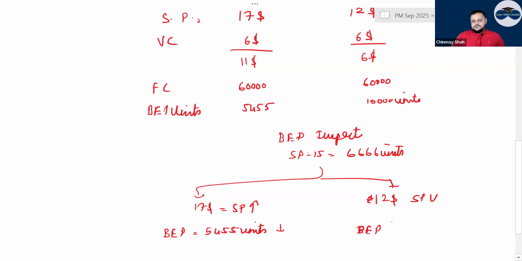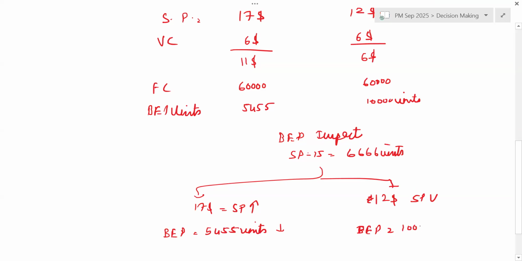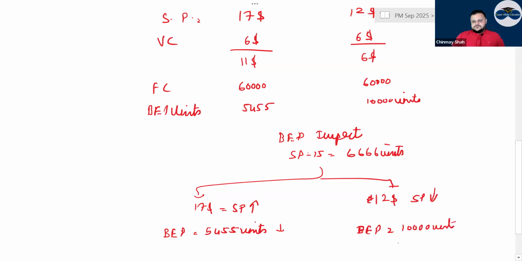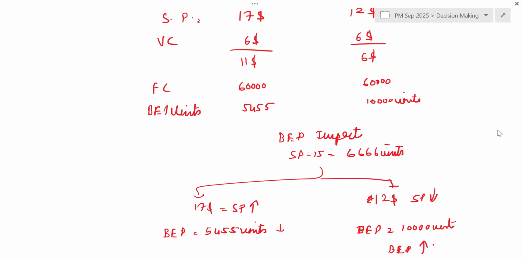It increases. Selling price goes down, BEP goes up. Does that make complete sense or no sense at all? Yes, it makes sense.